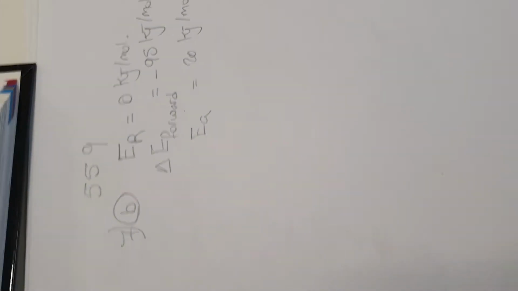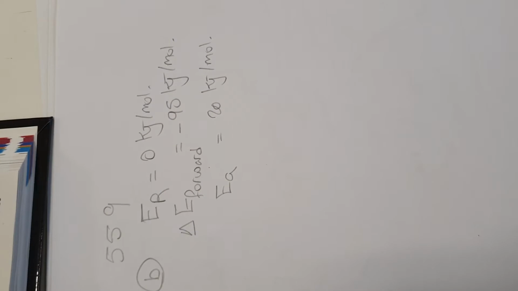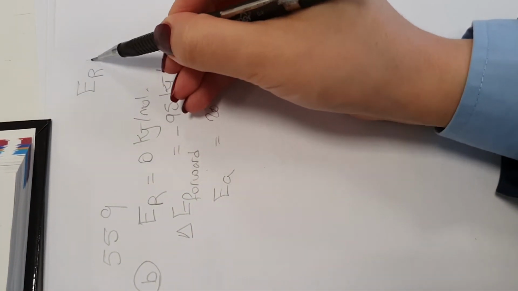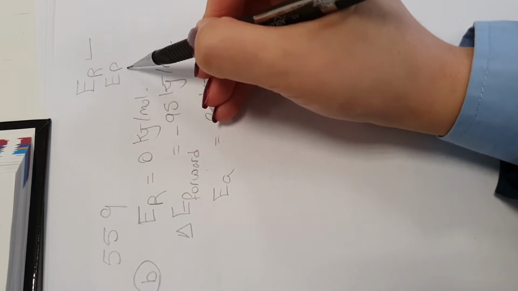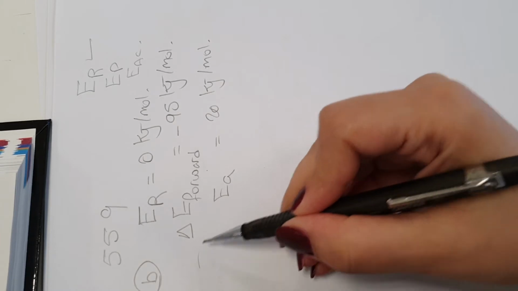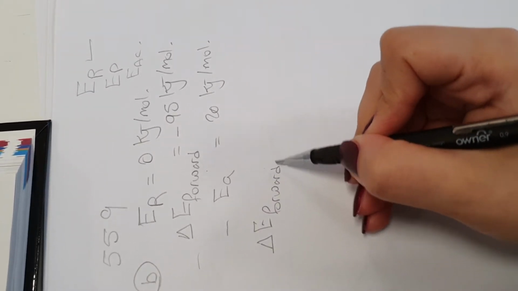Okay, now I have to identify the three energies to be able to draw: the reactants, which he gave me, the products, and the energy of the activated complex. From the givens, I can say that the energy of the forward equals what?